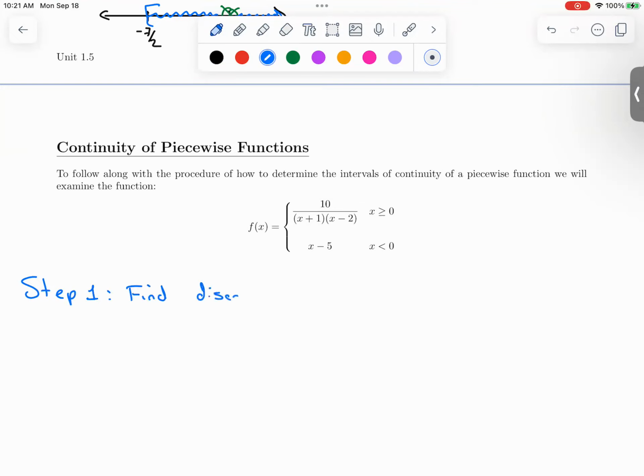Find the discontinuities of each function piece on its designated interval.